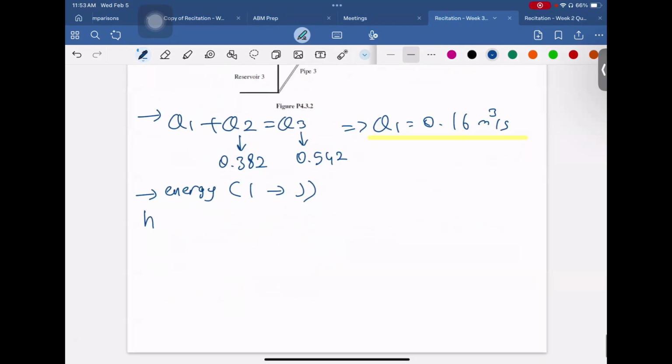So it will be H1, velocity head, pressure head. And again, it is going to be the same. And this is the energy level at J.